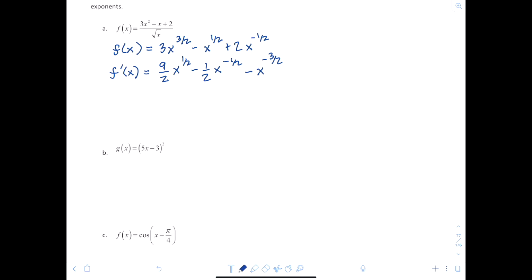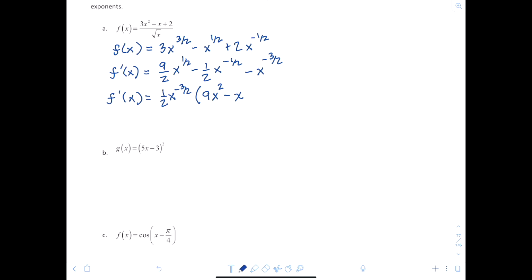Writing that as one happy fraction, let's go ahead and factor out a 1/2 x to the negative 3/2, and then we will be left with, let's see, 9x squared, and then minus x, is that right?